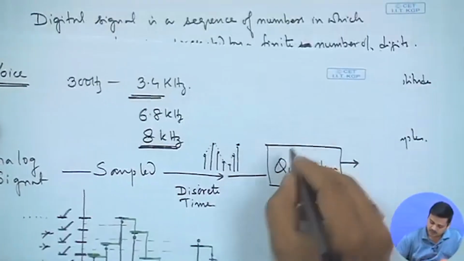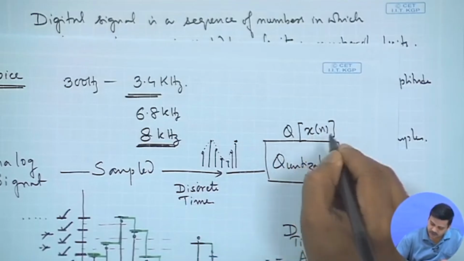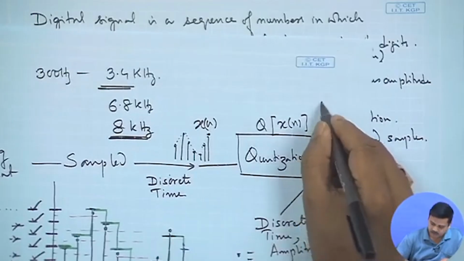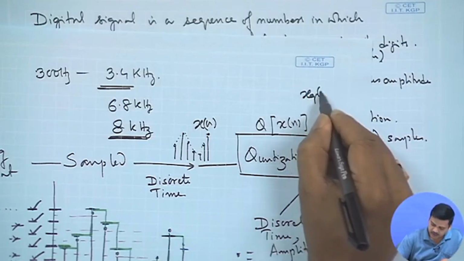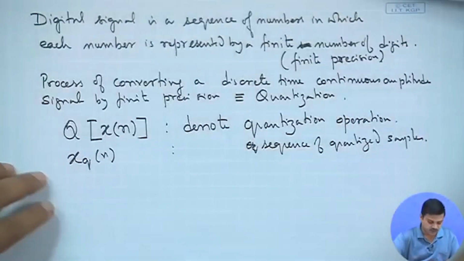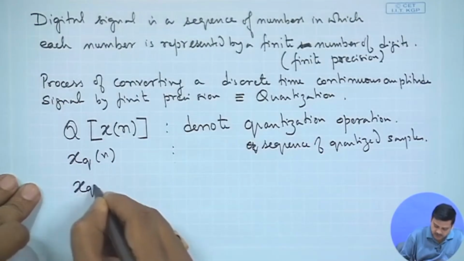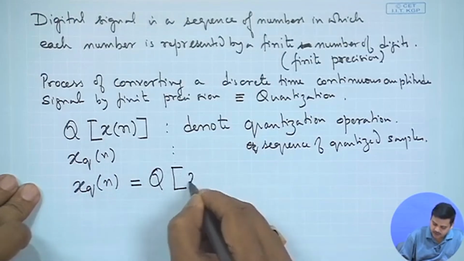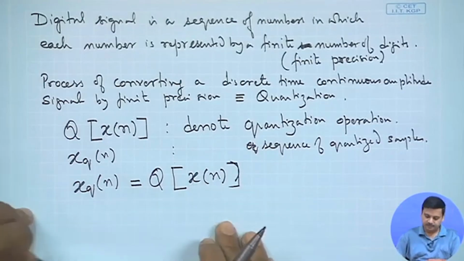So, this operation I would represent by Q of x[n], because at this point we have x[n], and here we are going to represent this as x_q[n]. So, this is how the representation would be like. In other words, x_q[n] is the output of quantization on the sampled sequence x[n].